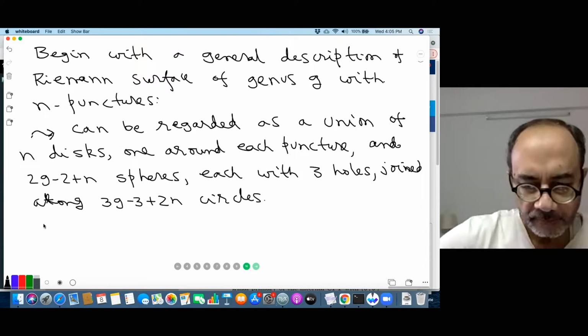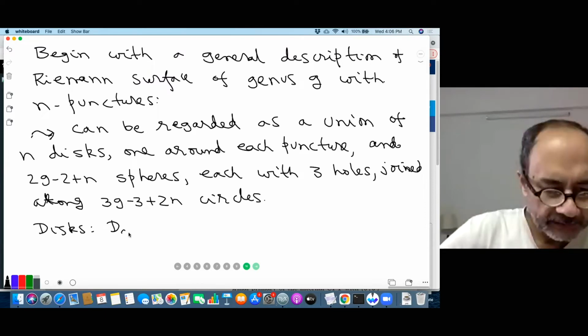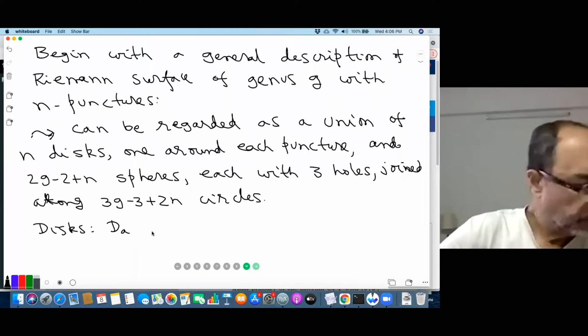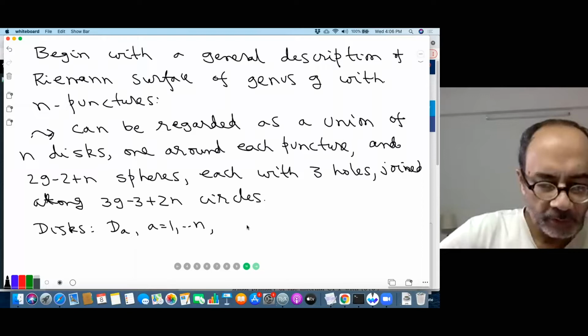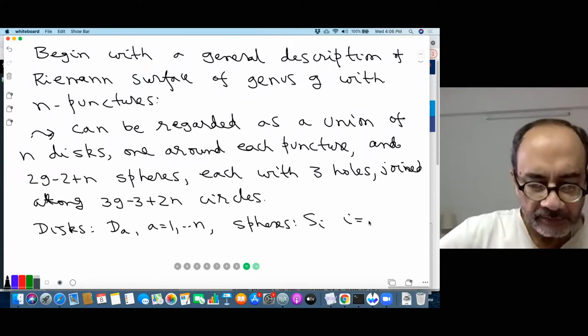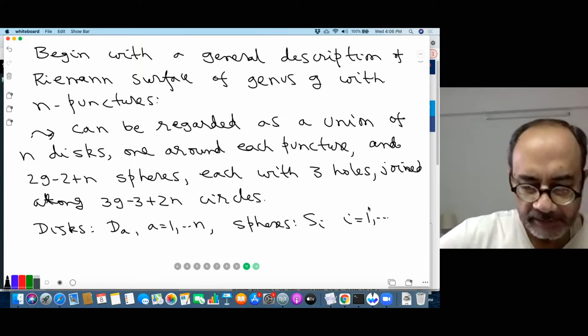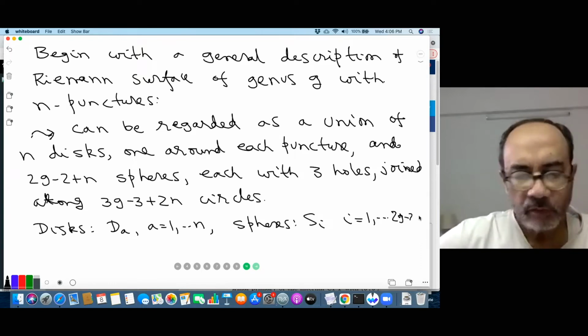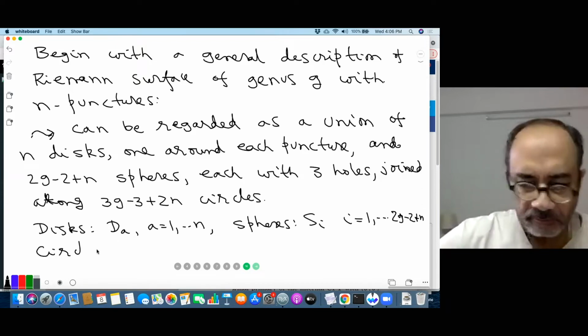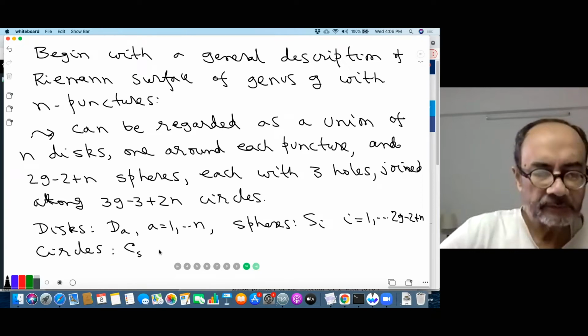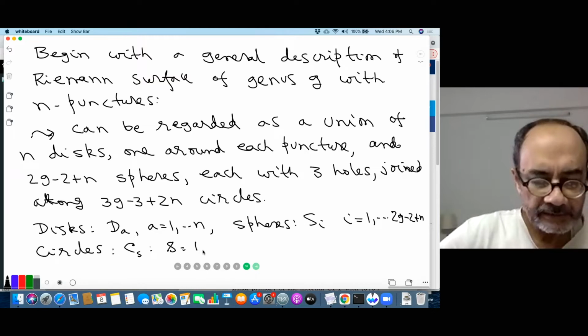So we'll denote the disks by D_A, with A equal to 1 to n. Spheres by S_I, I equal to 1 to 2g minus 2 plus n. And circles by C_S with S equal to 1 to 3g minus 3 plus 2n.